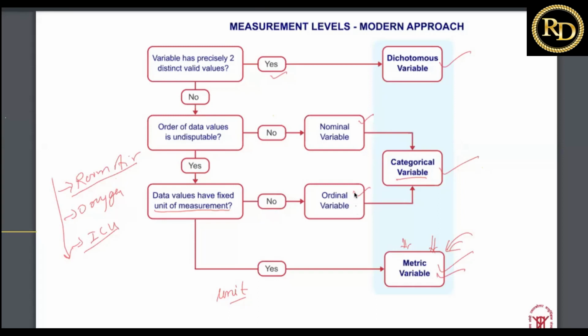So you can see that these are the categories of the patient. All of these are categorical variables, but they have some ordering in them. By this, the doctor is able to know the severity of the patient. So ordinal variables are such variables in which there is a certain kind of order.